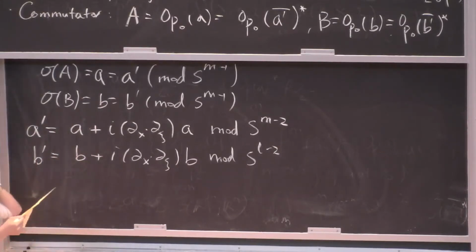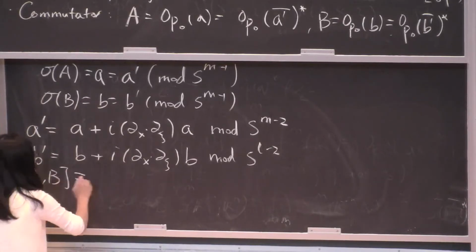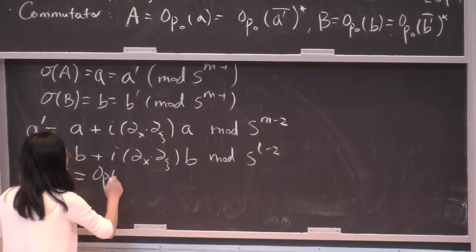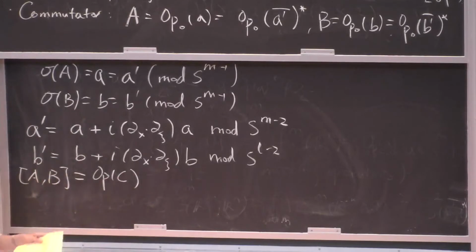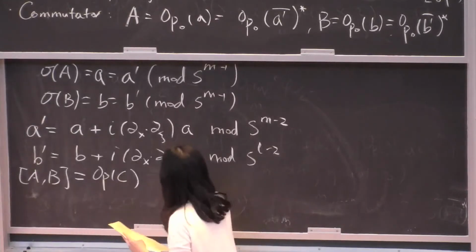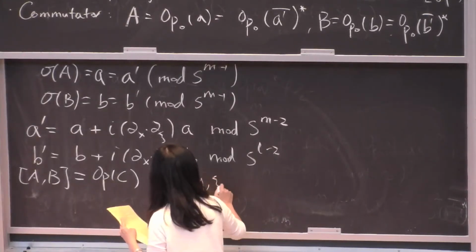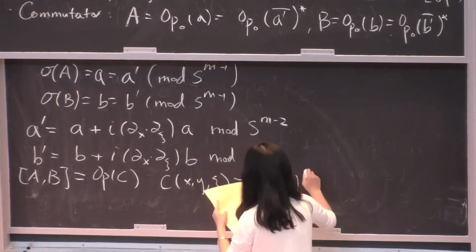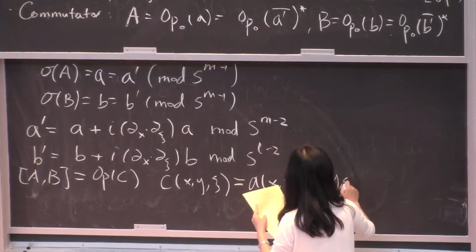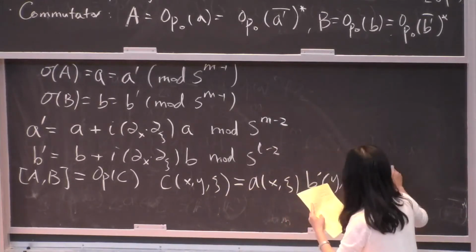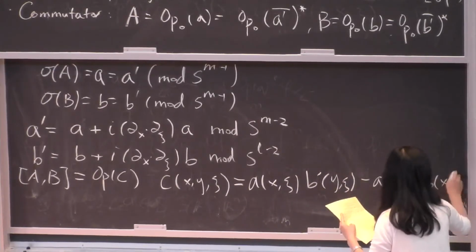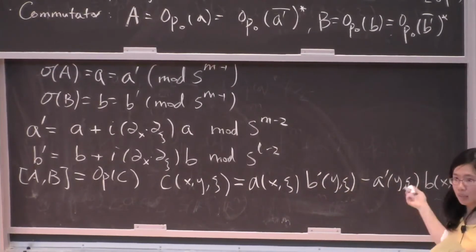Okay, and in particular, what happens here is that the commutator of A and B, if I write its symbol as C, where C can be written as A(x,ψ) B'(y,ψ) minus A'(y,ψ) B(x,ψ). By definition, that's my symbol.